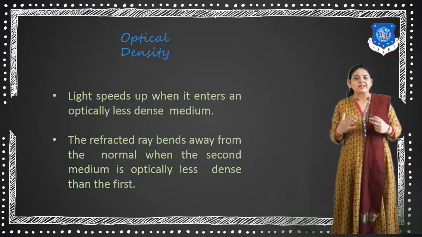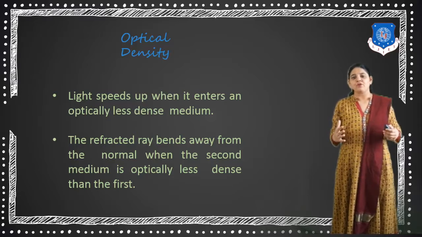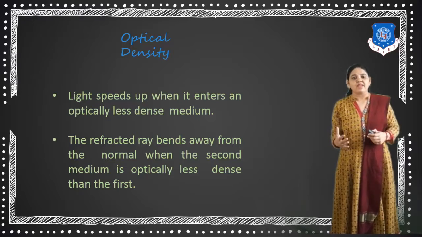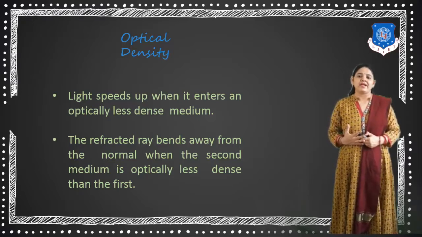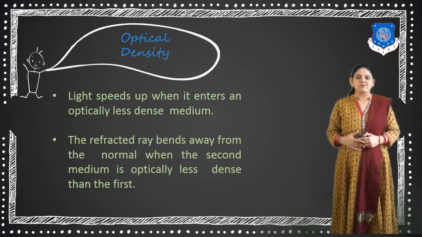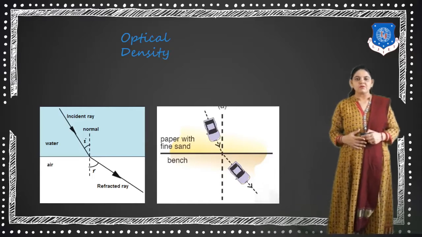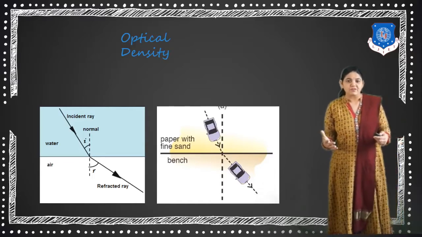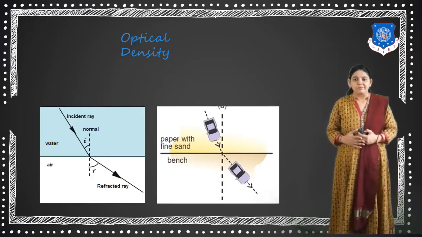So the refracted ray bends away from the normal axis when the second medium is optically less dense. While we are studying refraction fundamentals, this is a very important thing.